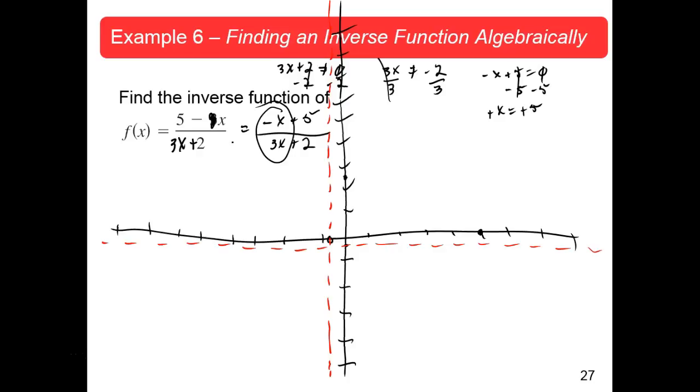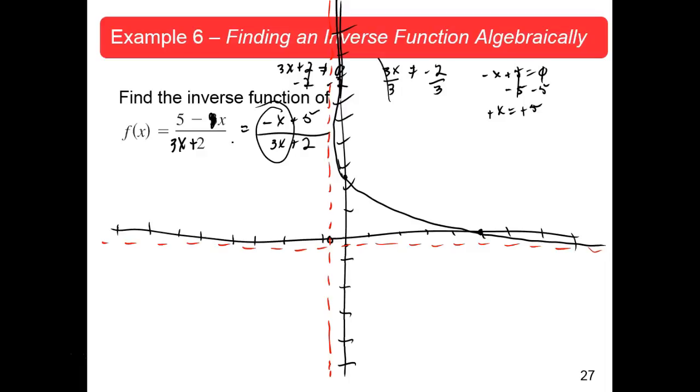Let me get my black ink again. It's going to the vertical asymptote here. It can't touch it, so it approaches it, and it's going to the horizontal asymptote there. So there's what half of that function looks like.